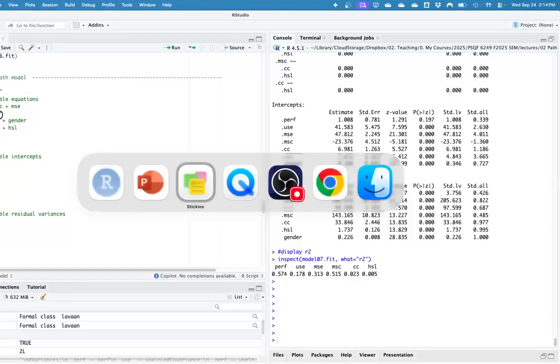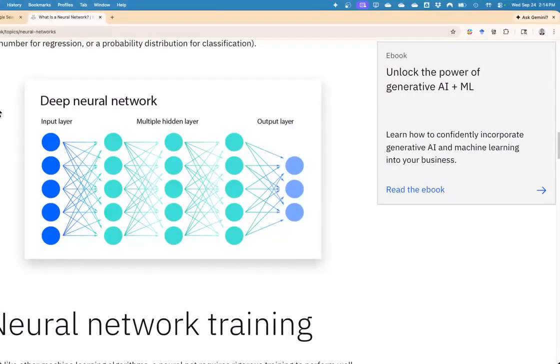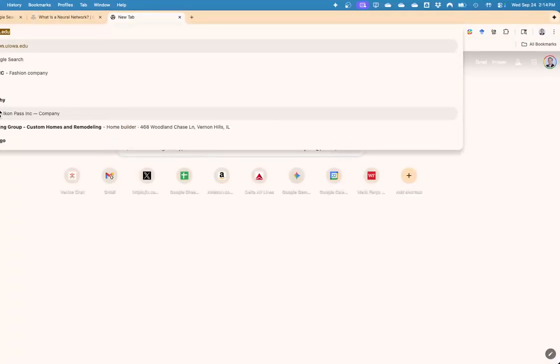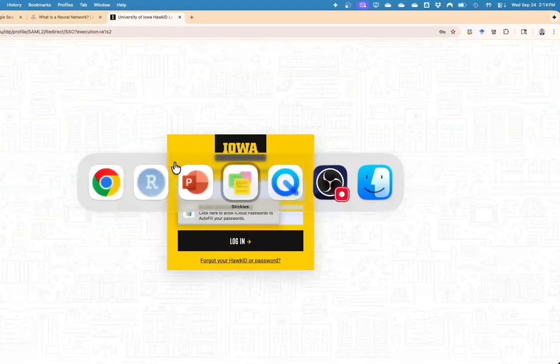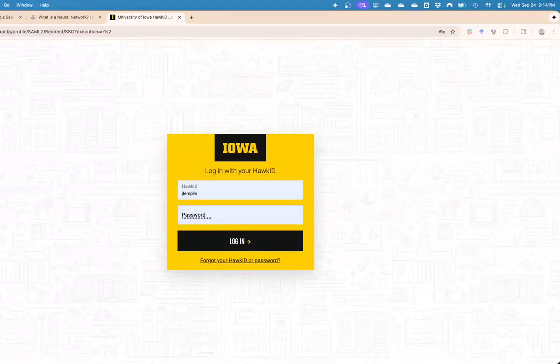The other thing I will note is we have homework on this subject. Instead of going to the icon, how about I just pull up the homework file?